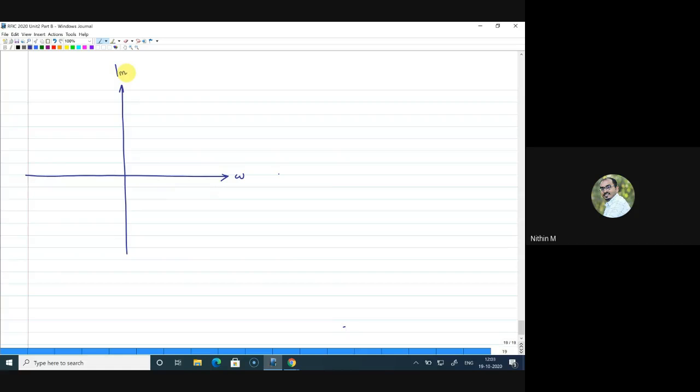Now I need one more axis to represent the real component, that I will take in this way, where this is my real axis, right. So probably you can visualize this as a 3D. You have the x-axis, you have this frequency, then you have the real component varying and an imaginary component.